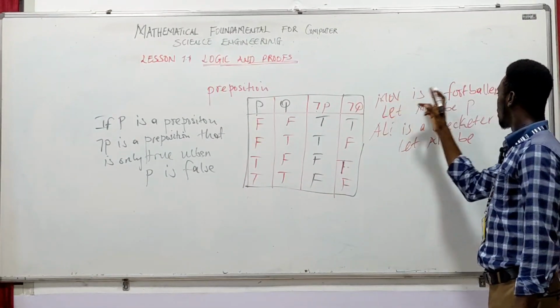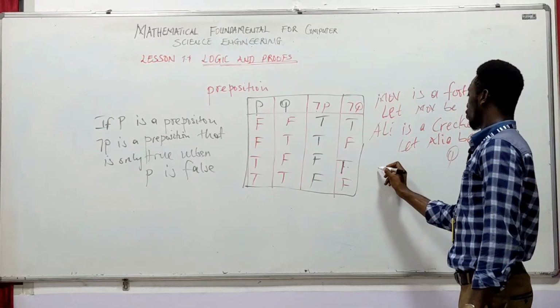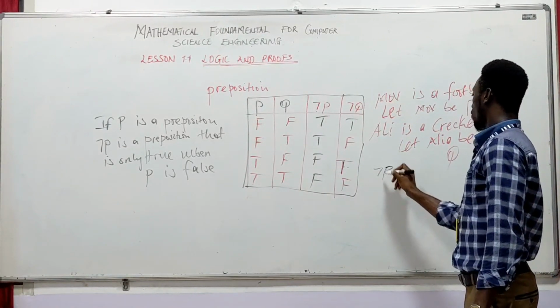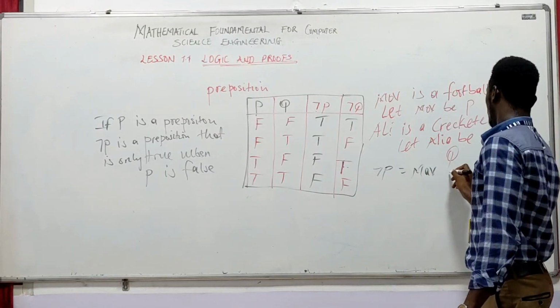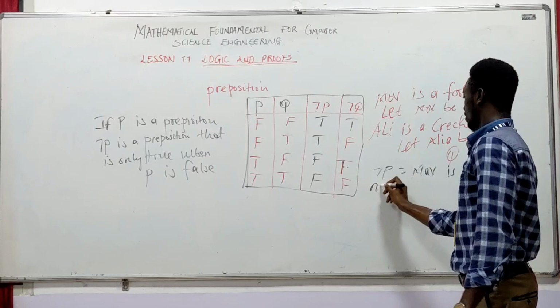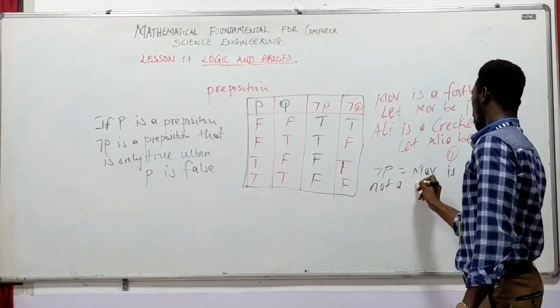Now, if Mob is a footballer, so not P now will be Mob is not a footballer.